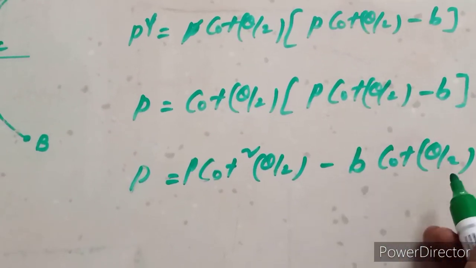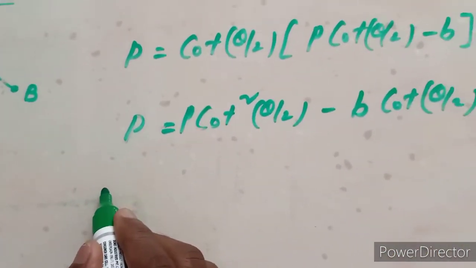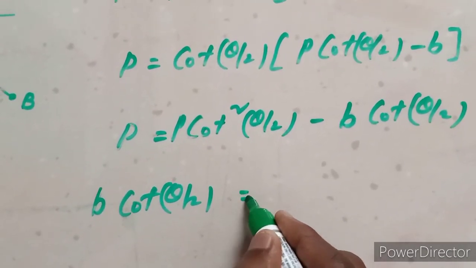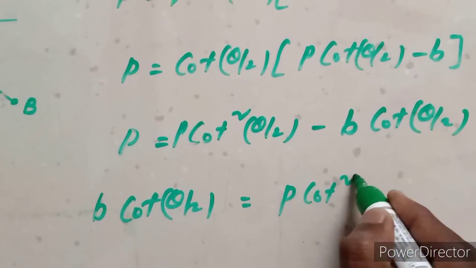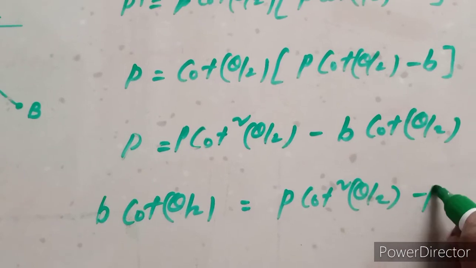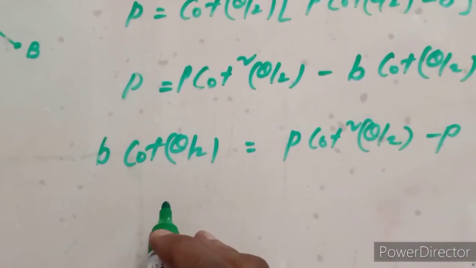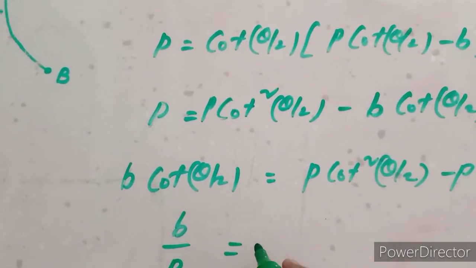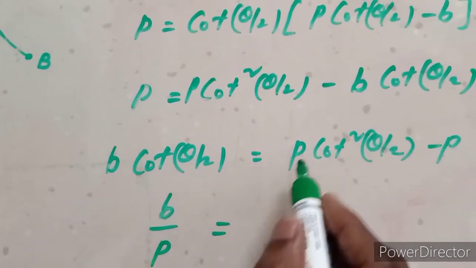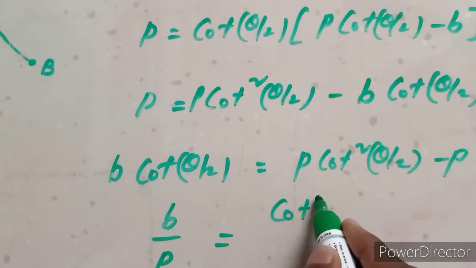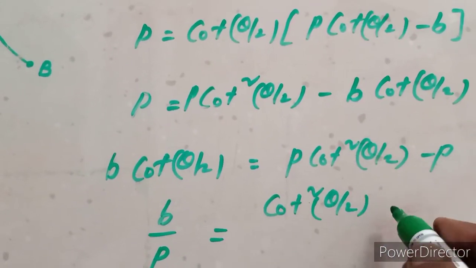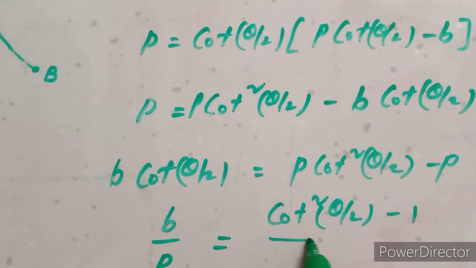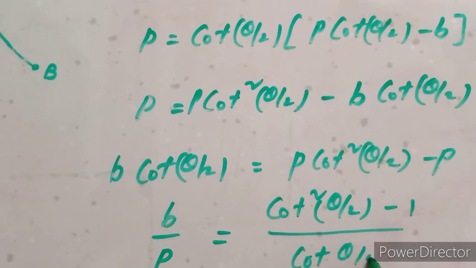This B cot theta upon 2 can be written as B cot theta upon 2 equals P cot square theta upon 2 minus P. Then this equation can be written as B upon P equals cot square theta upon 2 minus 1 upon cot theta upon 2.